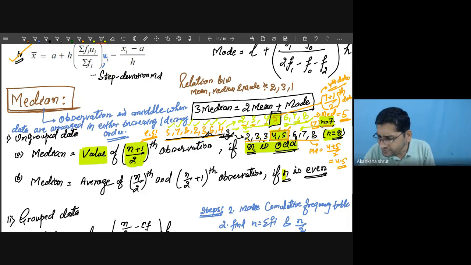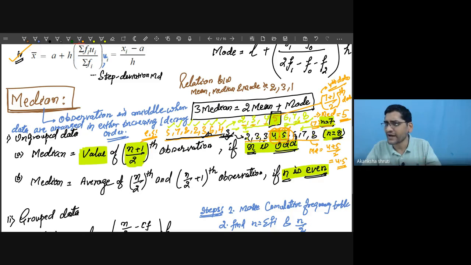But if we have an even number of observations, means n is even, like n is 8, at this time we have two data at the center. So the median is obtained by calculating the average of those. But which two data? For that, we determine the position of that data. So n is 8. At this time the data at the center are the fourth position and the fifth position.